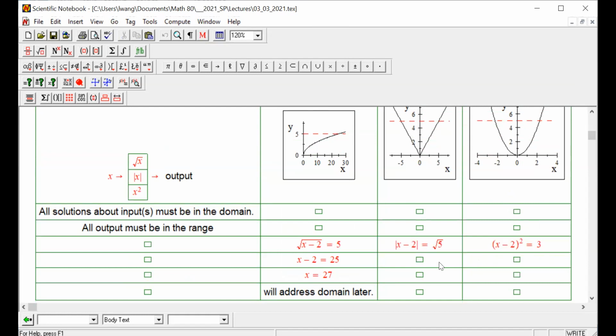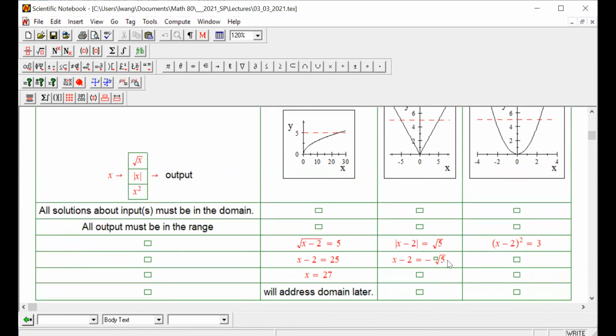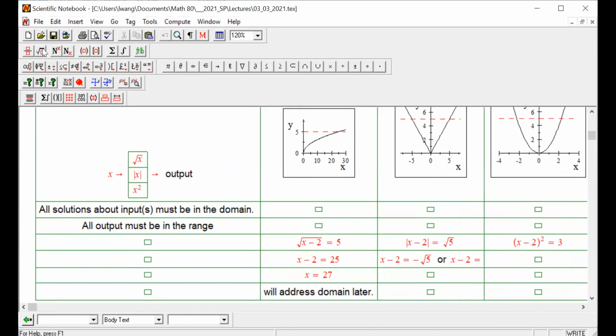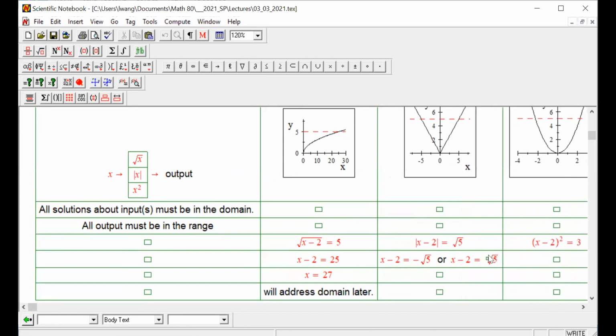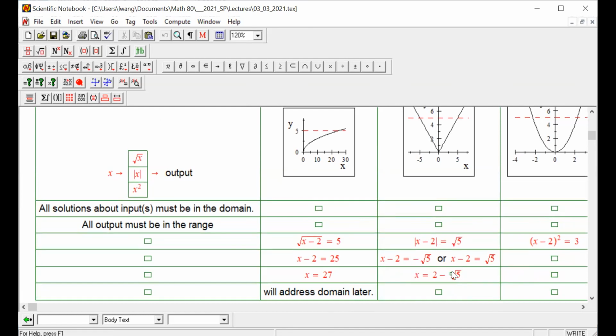So you can see you're going to get x minus 2 equals negative root 5, or x minus 2 equals positive root 5. And then you're going to get two solutions. So x equals 2 minus root 5, you add a 2 on both sides, not subtracting 2, I'm sorry.